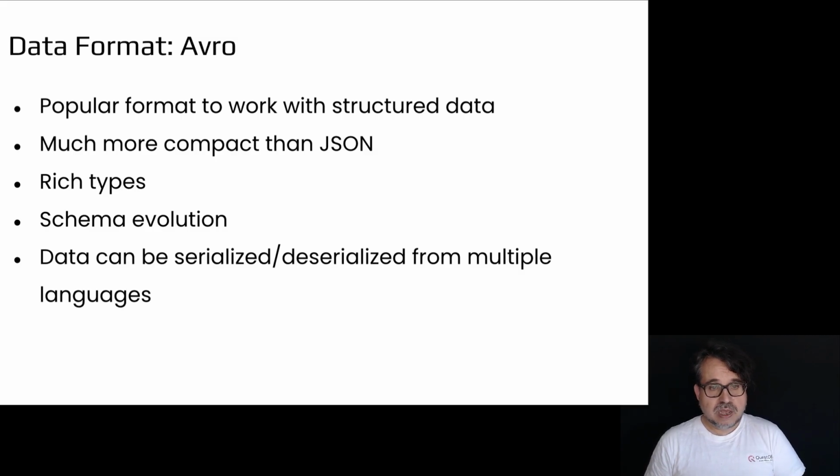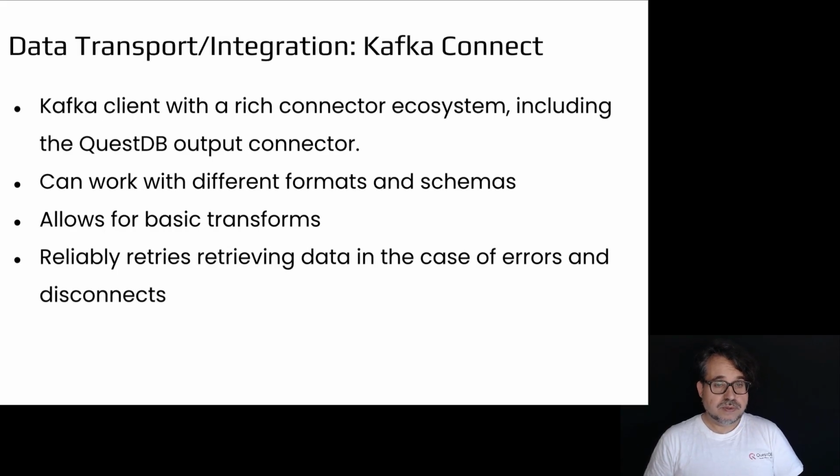Next step, now that the data is flowing into Kafka and I have verified I can read the data from Kafka, I'm going to see how to get the data from Kafka into my database. Kafka is not doing push. So every time you have data in a topic, Kafka doesn't send the data to any consumers. If you have a consumer, a client of Kafka, that wants to consume data, you need to actively pull data from Kafka.